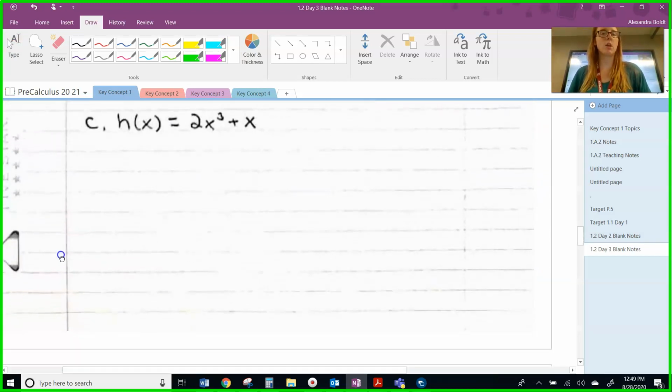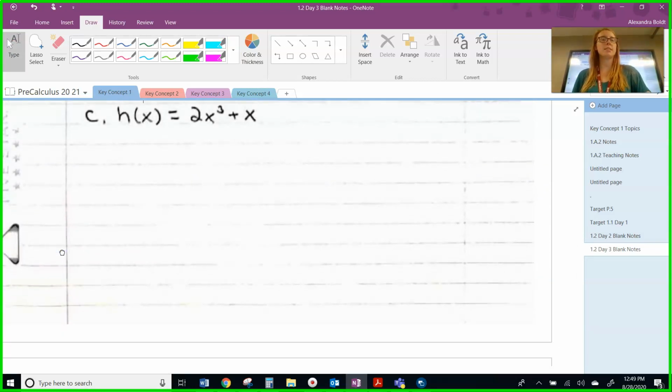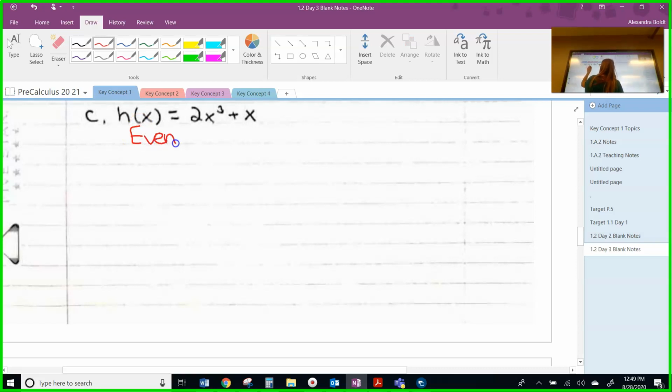All right, one last example of this kind. So we have h of x equals 2x cubed plus x. So we're going to check if it's even first. So I'm going to do h of negative x equals 2 times negative x cubed plus negative x.